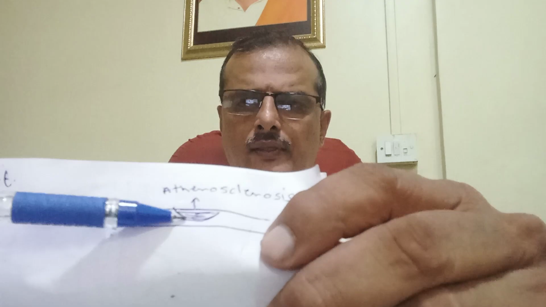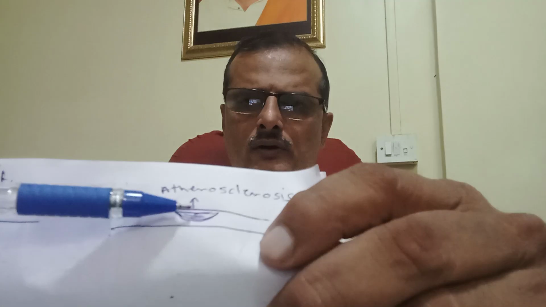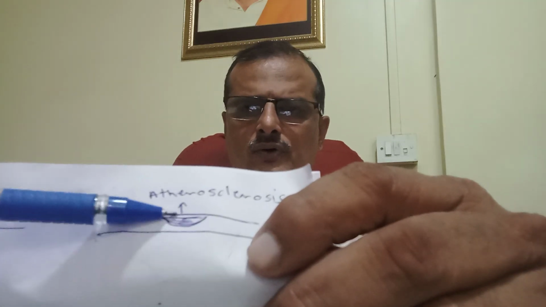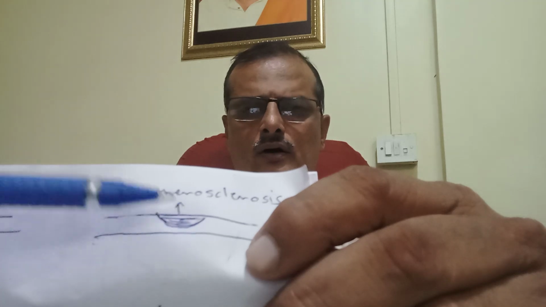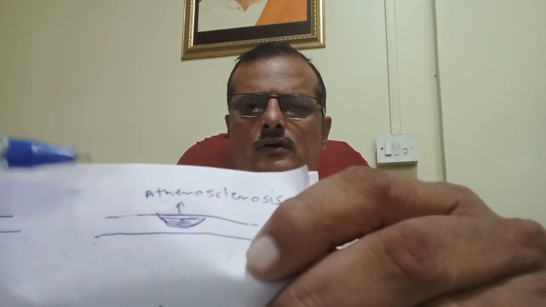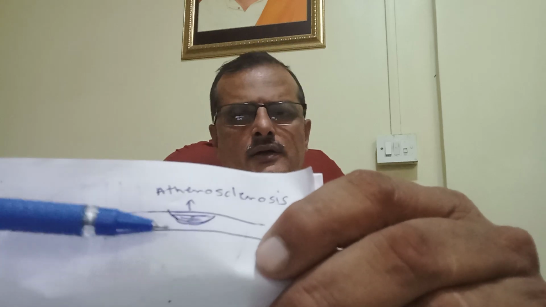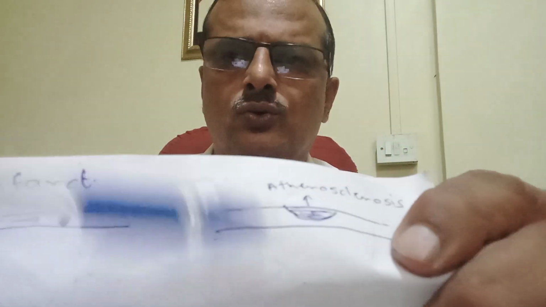When you do the Lekhan karma in the blood vessels for this accumulation, this sanchay will be reduced and the lumen of the blood vessel will increase, and automatically the obstruction to the blood flow is also relieved. So what is the difference between these two?